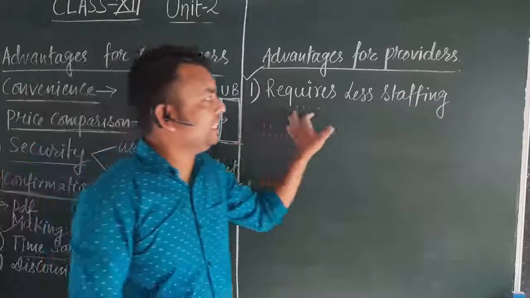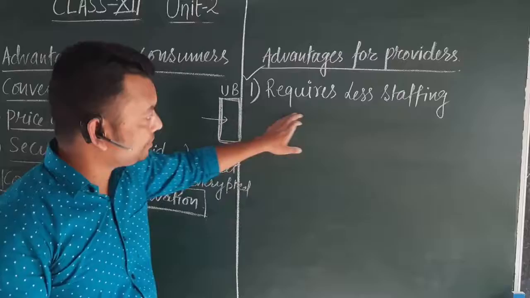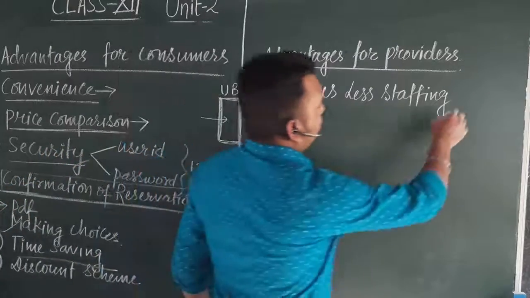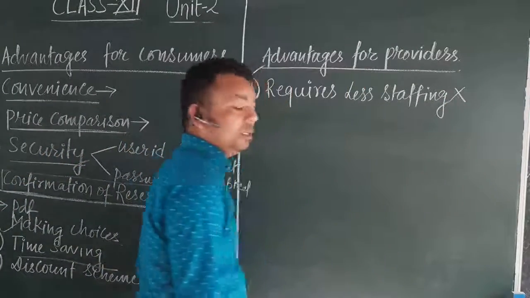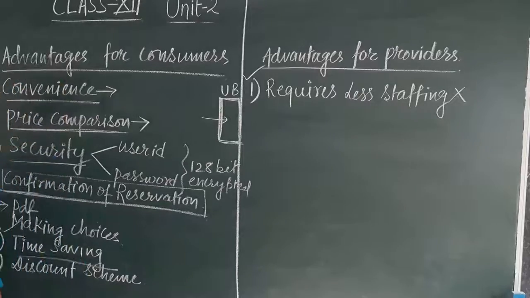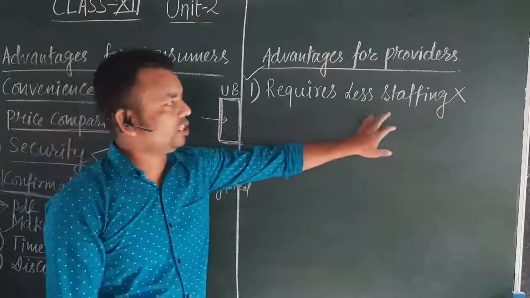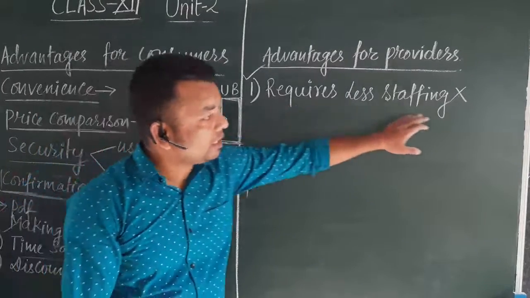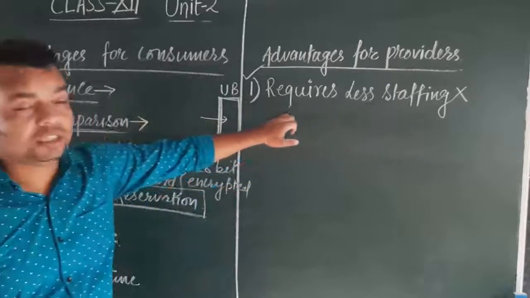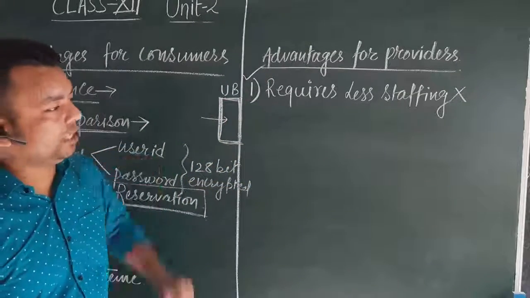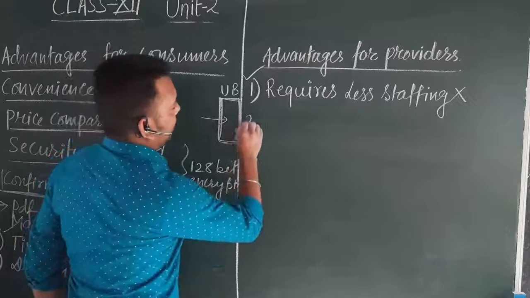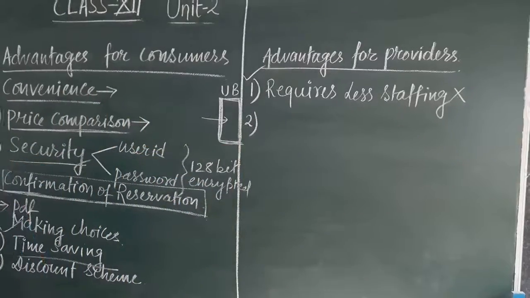So it will simply reduce the human effort and reduce the organization's cost. Correct? It reduces the organization cost because it reduces the number of staff required to perform the task. The second one is no special restrictions.